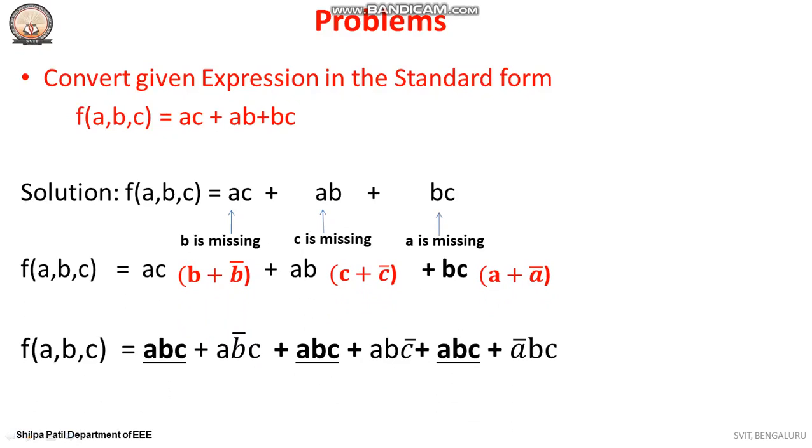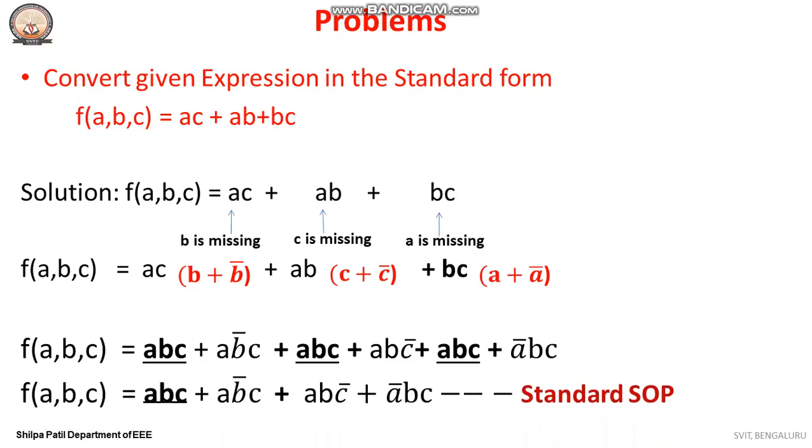One more thing you should remember, students: while writing the expression, the product term should follow the variables in the same order as represented on the left hand side. Okay, so this is a standard SOP.